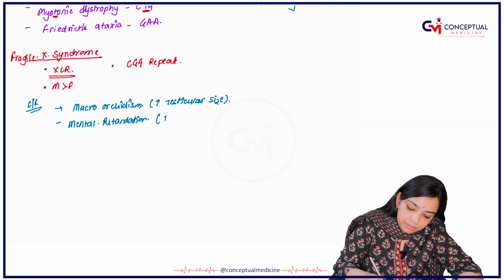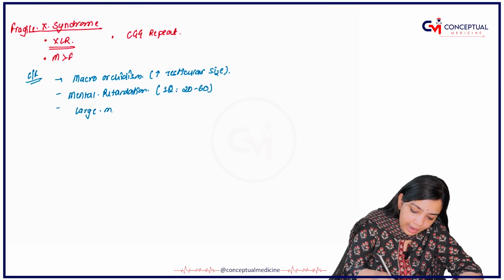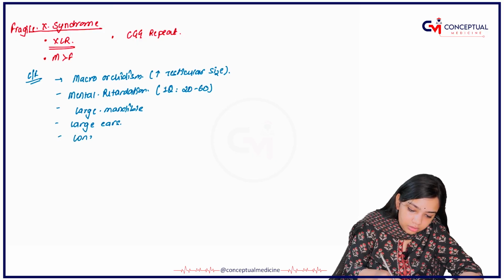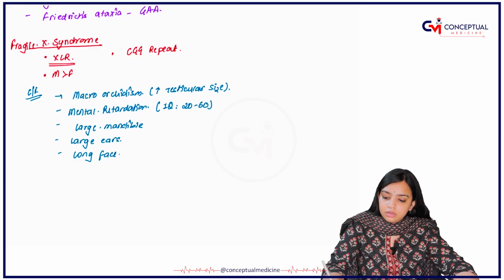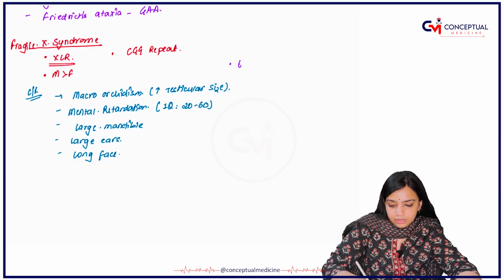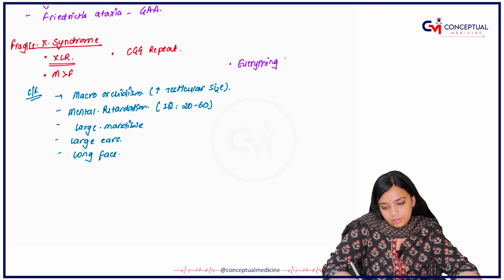So IQ of these patients is basically 20 to 60 out of 100. Next you have is the large mandible, large ears, and a long face. Okay, so you can just remember one thing, that everything here is large.